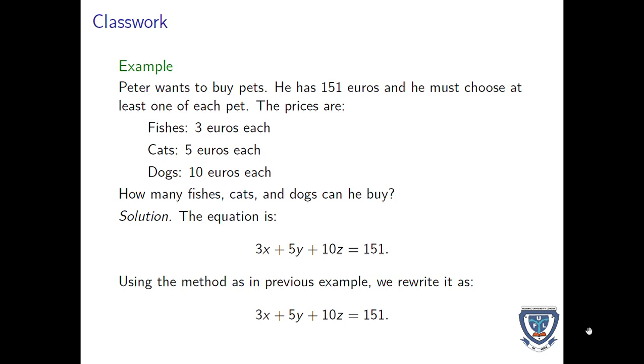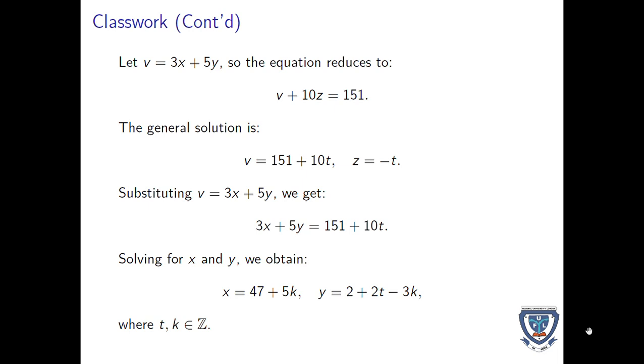Using the method as in the previous example, we rewrite it as 3x plus 5y plus 10z equal to 151. We'll continue. We'll say let v equal to 3x plus 5y. So the equation will now reduce to v plus 10z equal to 151.